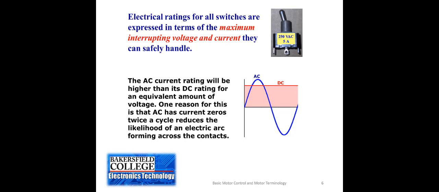Now, the AC current rating is higher than DC because with AC, the current stops twice every cycle. However, with DC, the current remains constant. So if you're looking at the rating of a switch that is rated for alternating current, you cannot use that same level if you're switching direct current.